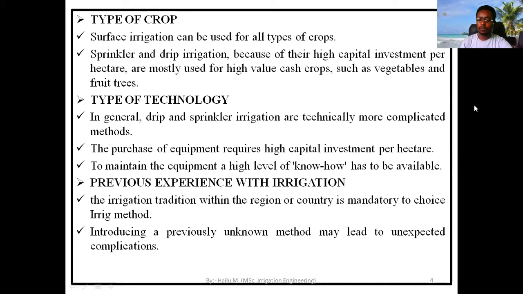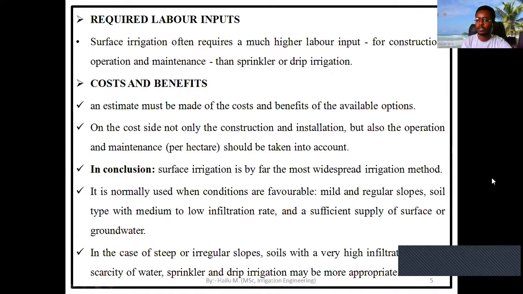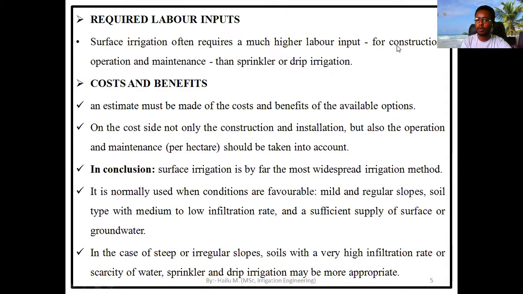When we come to previous experience with irrigation, the irrigation tradition within the region or country is important in choosing an irrigation method. Introducing a previously unknown method may lead to unexpected complications. So before we come to the choice, we have to consider the experience of the farmers and expertise. Another factor in choosing the best irrigation method is required labor inputs.